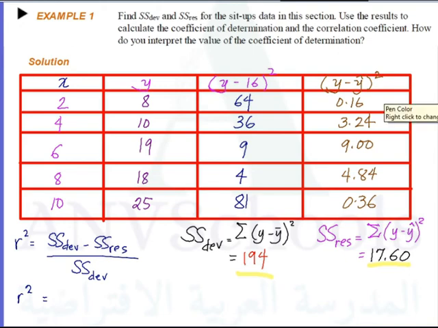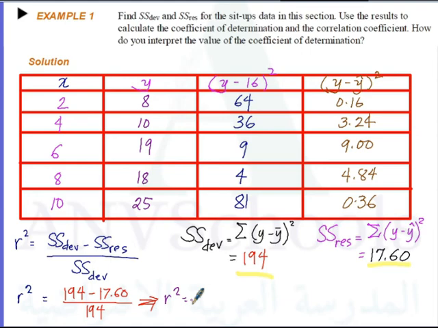That would be 194 minus 17.60 over 194. Therefore, our r square is equal to 194 minus 17.60 divided by 194.